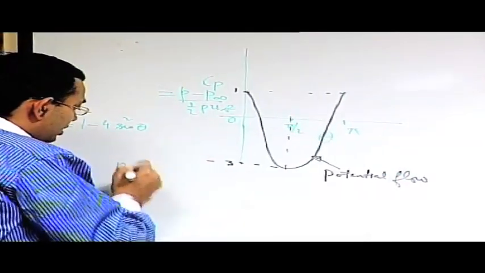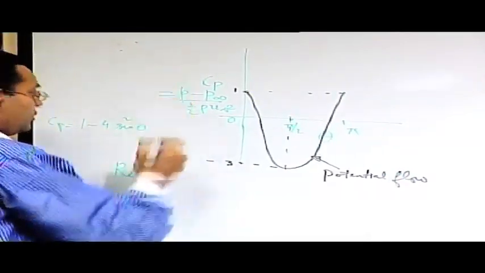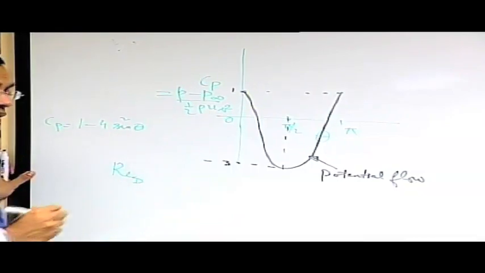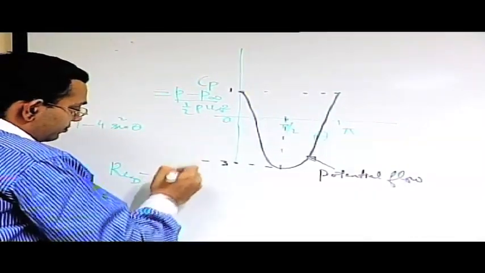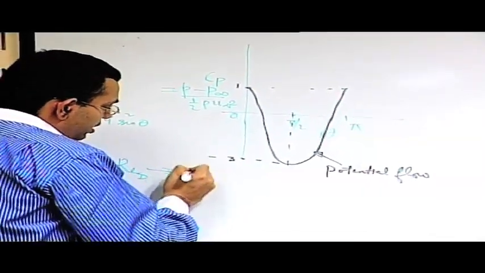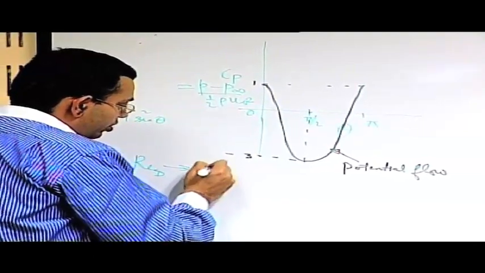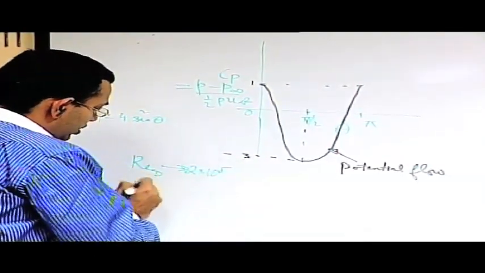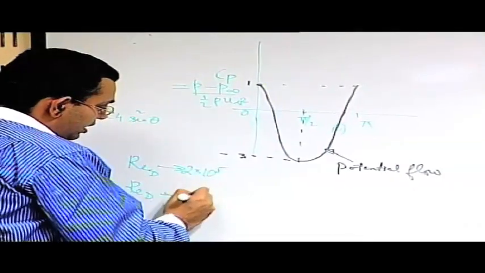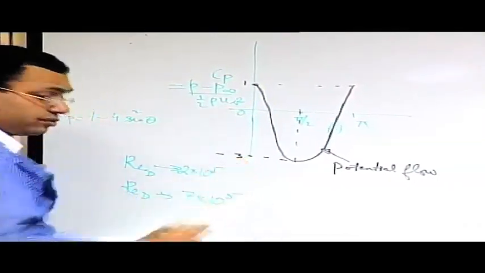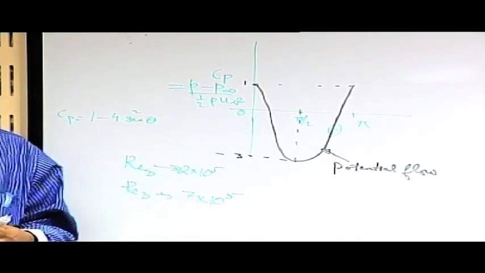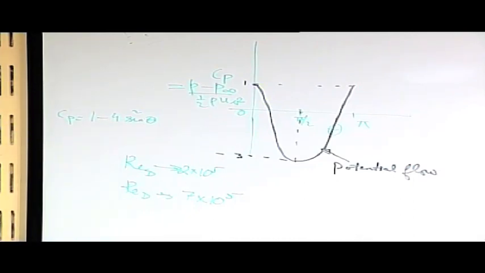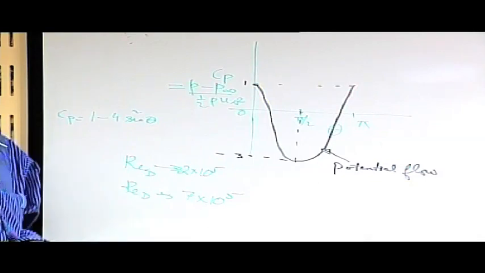One is Reynolds number, these Reynolds numbers are based on the diameter d of the cylinder, so Re_D. Let us say one value we take as 2 into 10 to the power 5, another Reynolds number we take as say 7 into 10 to the power 5, and let us say in between there was a transition. So let us consider that 2 into 10 to the power 5 is the laminar case.